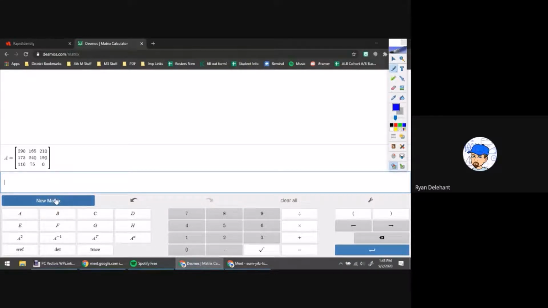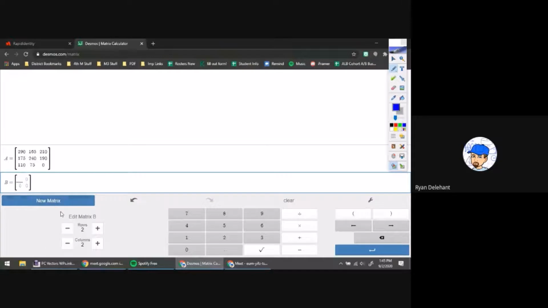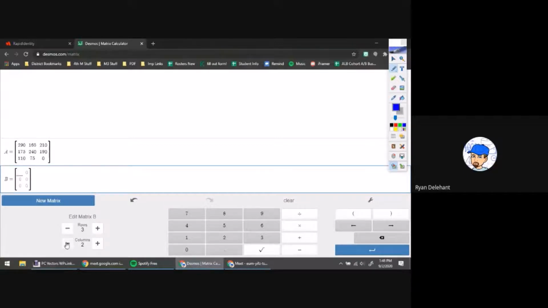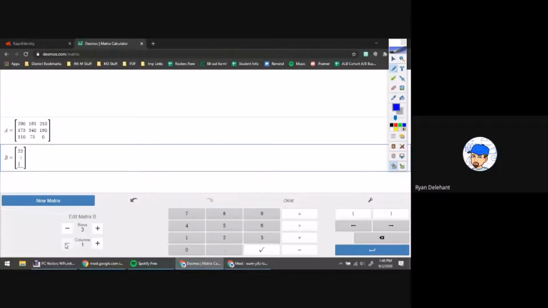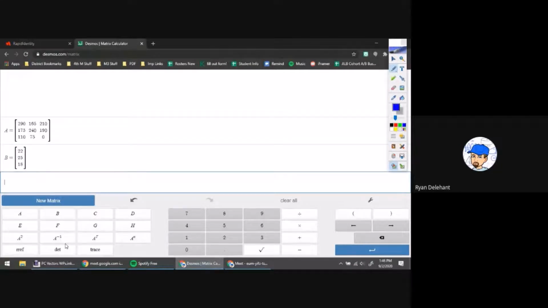I'm going to click new matrix again, and now I'm going to set this for our cost matrix, or how much each case was worth. And that was a 3 by 1. It was 22, 25 and 18. If I enter the matrices into the calculator, what do I want to do?